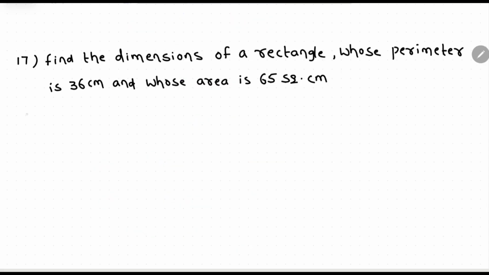So in the given problem we have to find the dimensions of a rectangle. So we have to find the length of the rectangle and the breadth. I am drawing the figure, a rough diagram. We don't know the L value, we don't know the B value, but the perimeter is given.